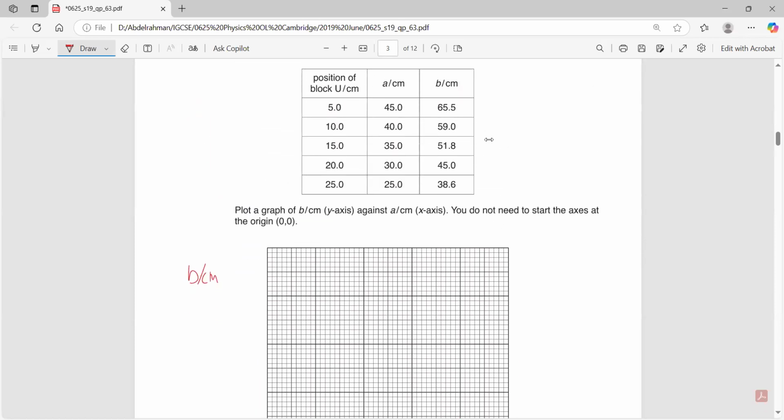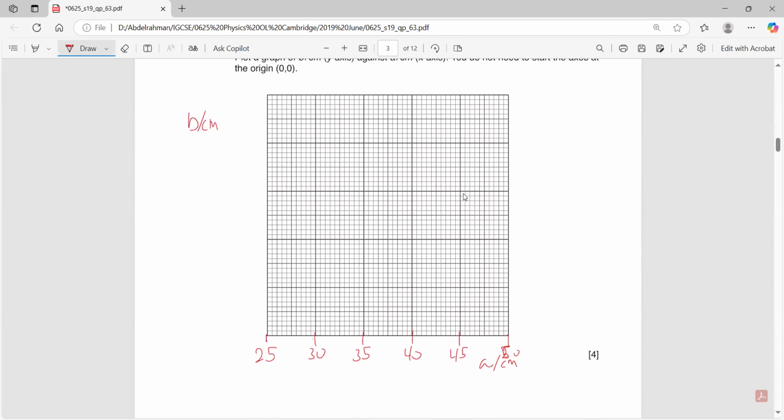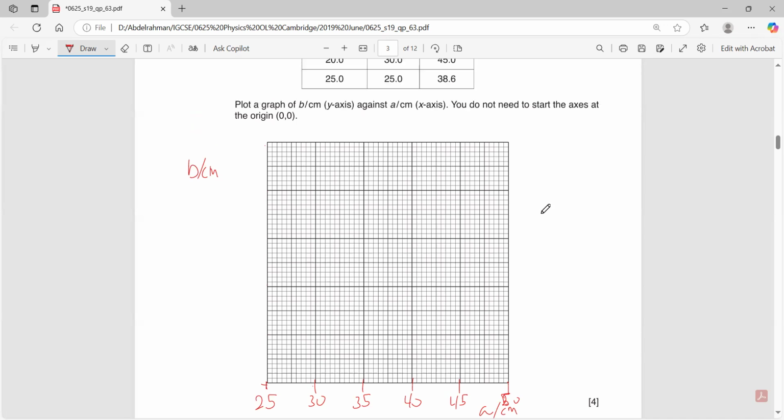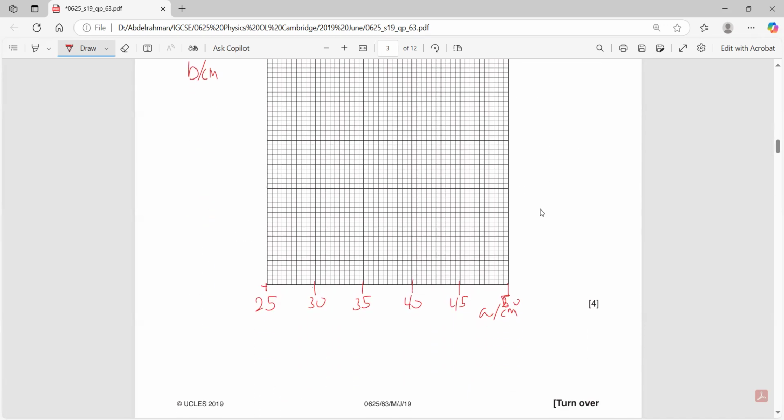What about B? From 38.6 all the way up to 65.5. I guess it would be logical to start from 35. If we start from 35, 40, 45, 50, 55, 60, would it be enough? Let's count again: 40, 45, 50, 55, and 60.